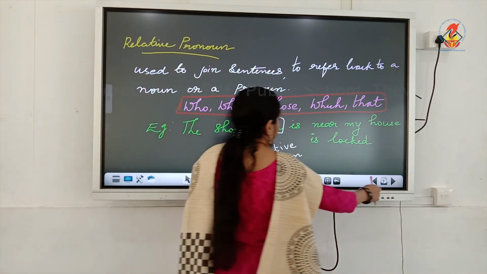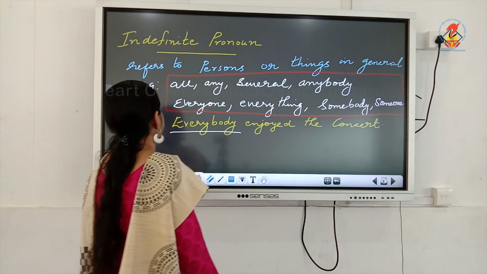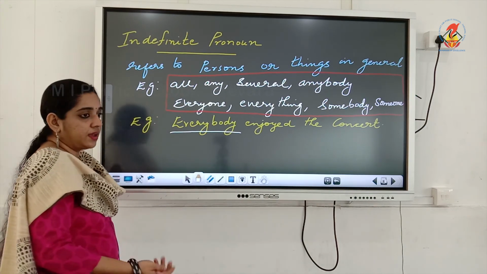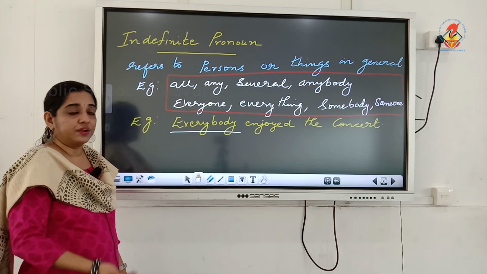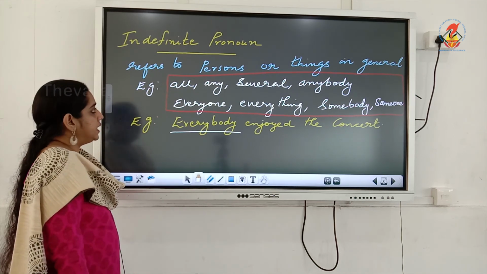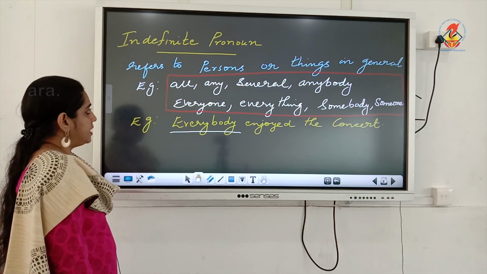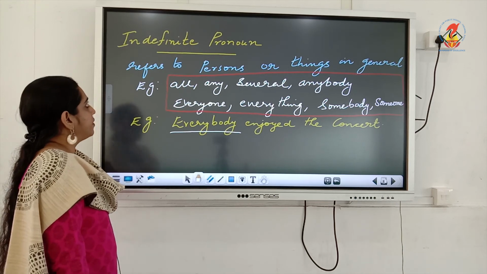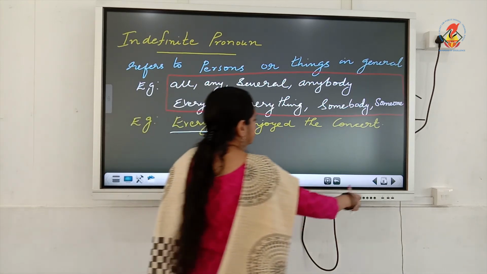Then what did we study, children? We studied indefinite pronouns. When you are talking to some people in general terms, you use indefinite pronouns. Words like all, any, several, anybody, everyone, everything, somebody, someone are some of the indefinite pronouns.